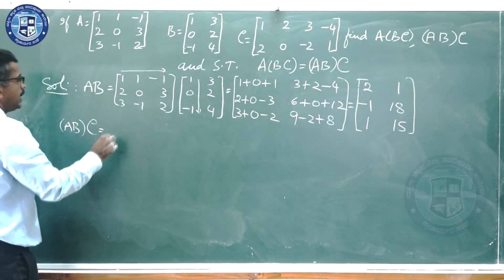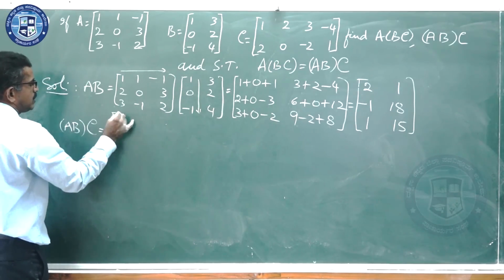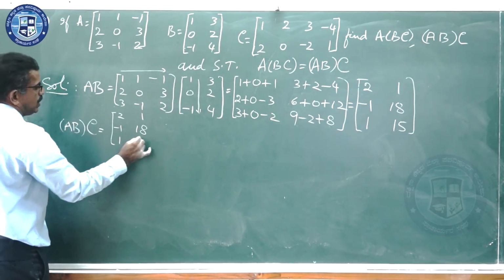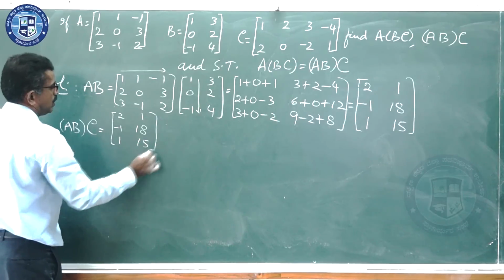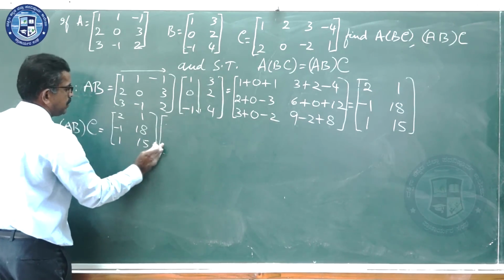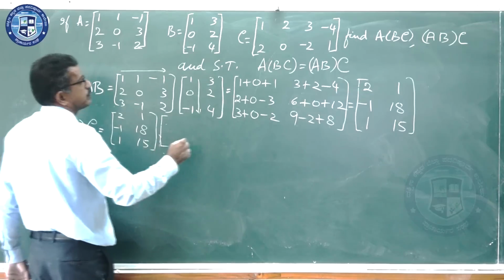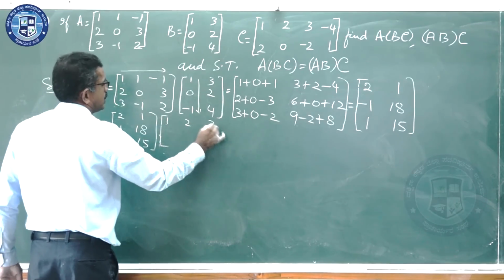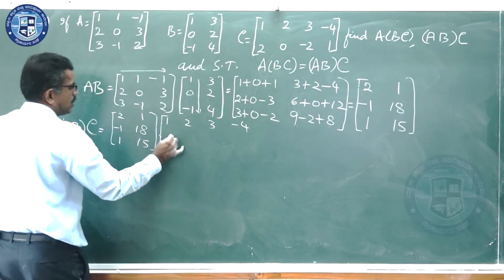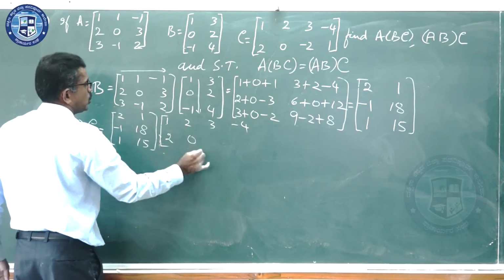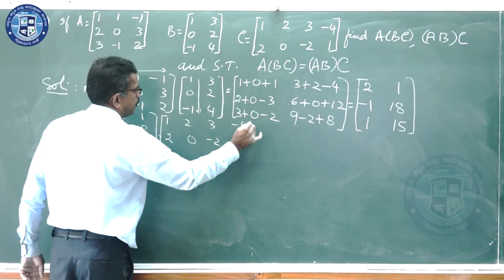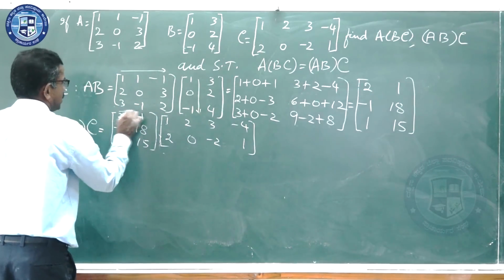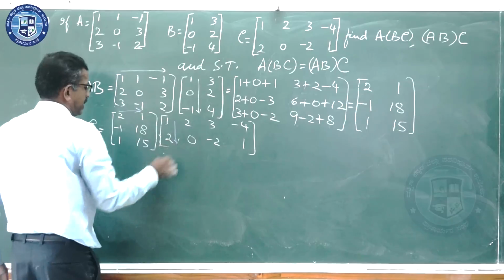Next, what is AB into C? The second expression. AB we write once again: 2, 1; minus 1, 18; 1, 15. Into C, which is a 2 cross 4 matrix: 1, 2, 3, minus 4; 2, 0, minus 2, 1. Multiply rows of the first matrix with the columns of the second matrix.